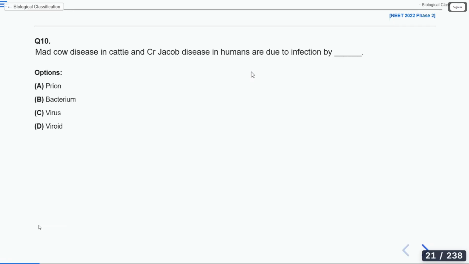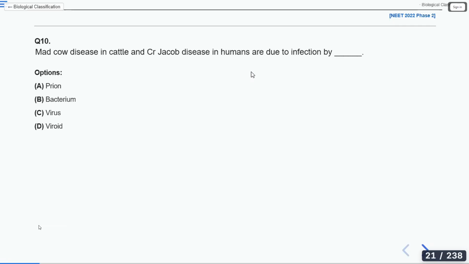I think prion is an abnormally folded protein, right? That's the misfolded protein. Yes. So prion is an abnormally folded protein and that will affect the normal proteins, right?